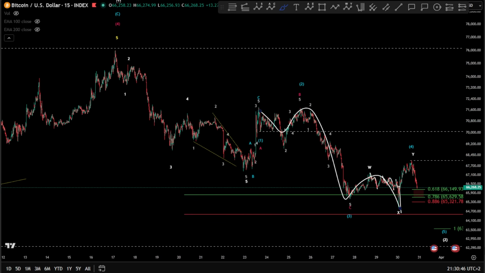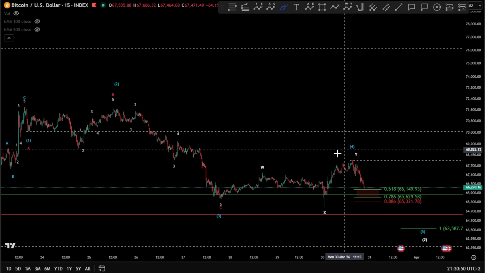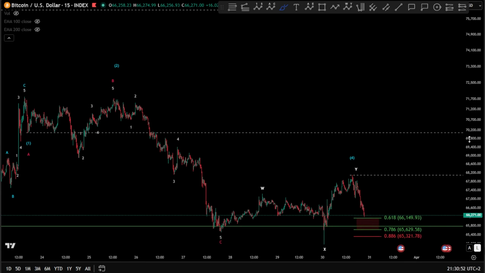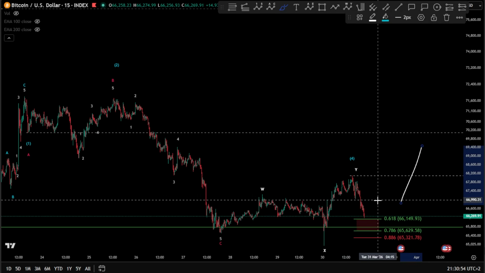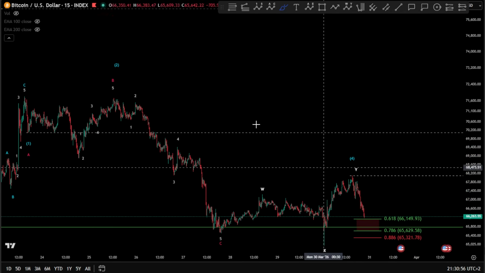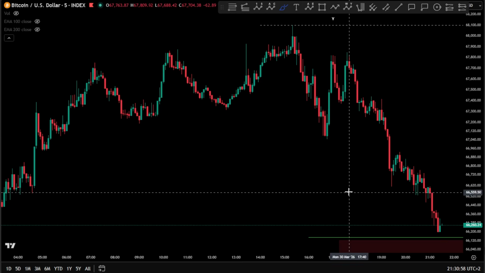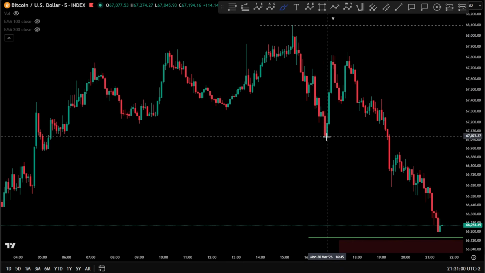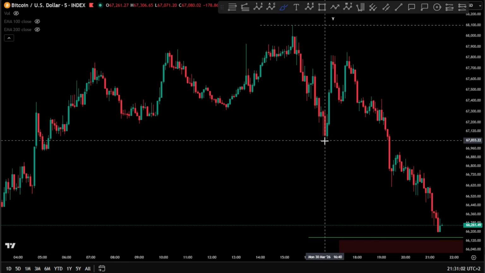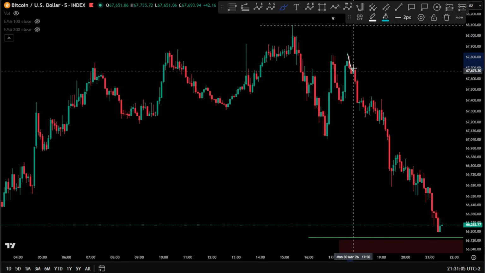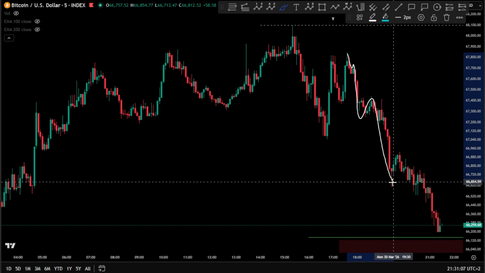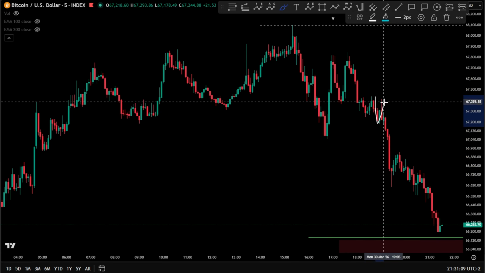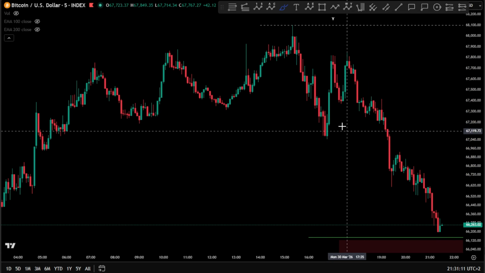So that is also a potential scenario, because I see this structure is still corrective over there. Despite that it is very aggressive, the start of it is very corrective in 3 waves, which is also opening a question mark here. And if we are in a 1, 2, 3, 4 and a 5 here, then the wave 5 is very extended, 1, 2, 3, 4, 5 again.